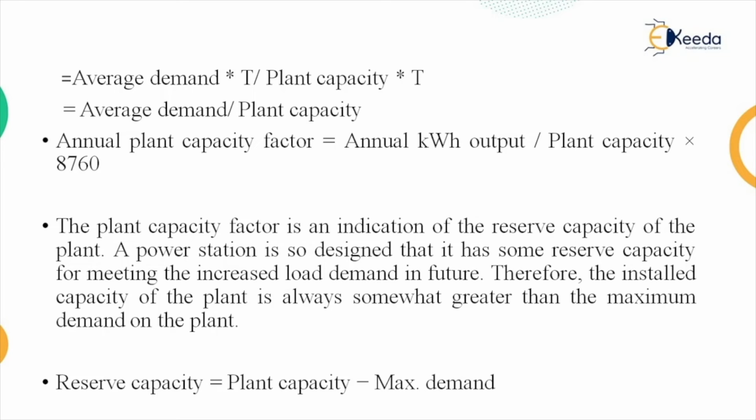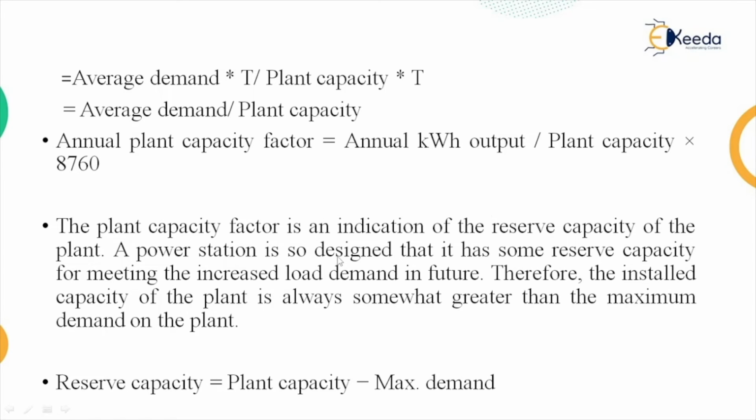Suppose in the winter season there will be no need of AC and coolers, but in the summer season suddenly AC and coolers will be started. So at that time we suddenly require more electricity, and that reserve capacity will be helpful to supply the current to the particular load.